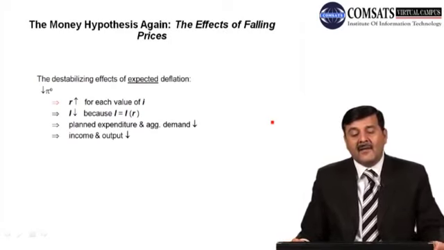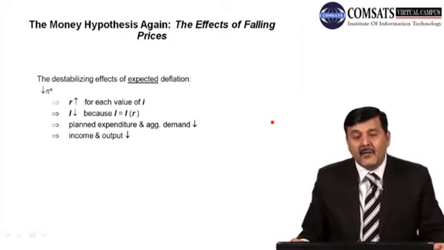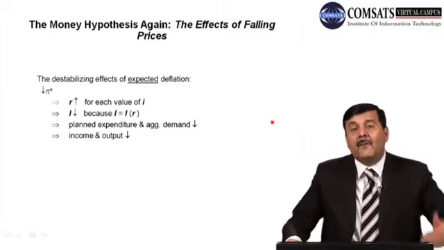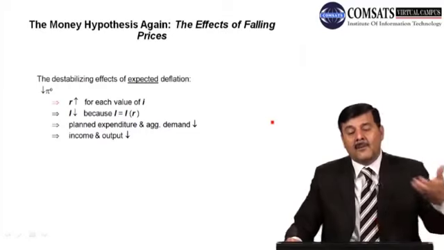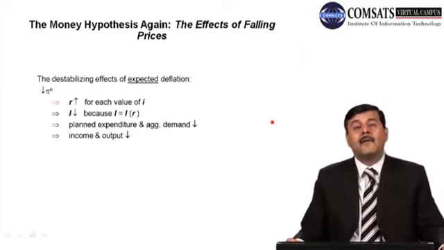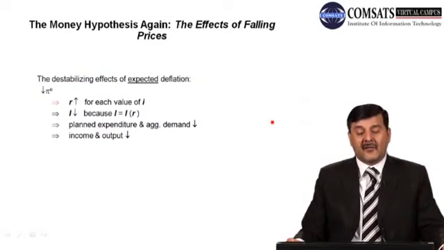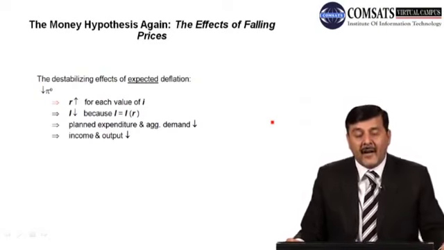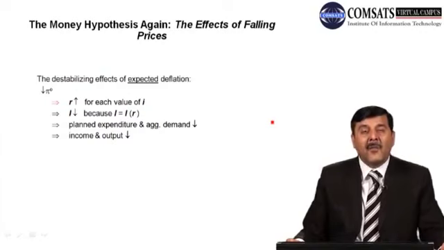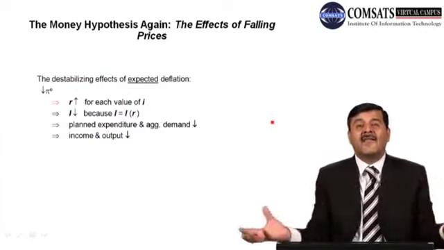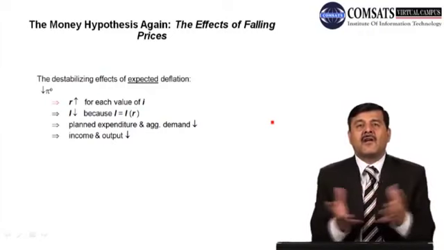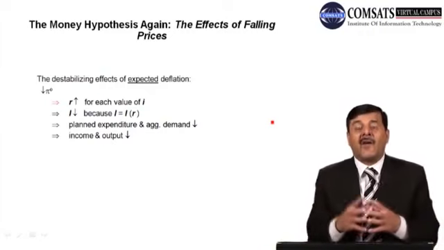Now, the destabilizing effect of expected deflation. If people and policymakers expect that prices will come down, the real rate of interest will go up for each value of the nominal interest rate. When the rate of interest rises, investment falls, because we know there is an inverse relationship between the rate of interest and investment.